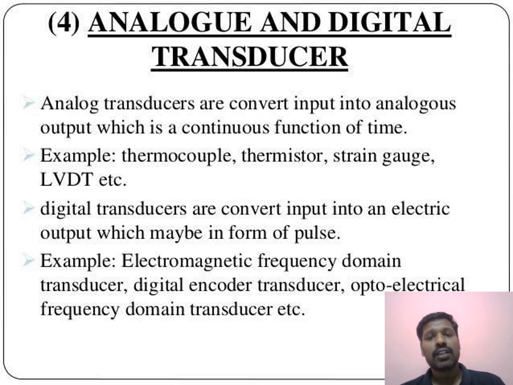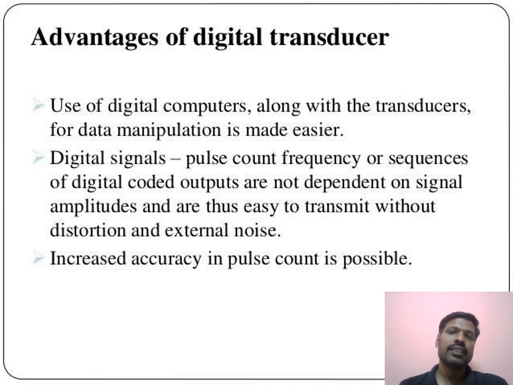Digital transducers convert input into an electrical output, which may be in the form of pulses. Examples are the electromagnetic frequency domain transducer, digital encoder transducer, opto-electrical frequency domain transducer, etc. Advantages of digital transducers: the use of digital computers along with the transducer for data manipulation is made easier.